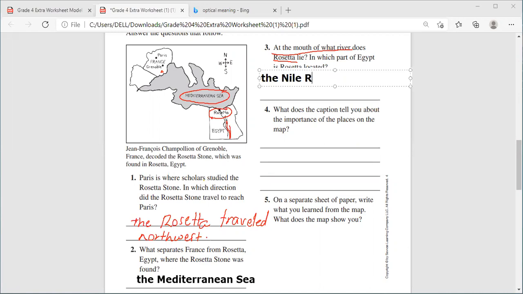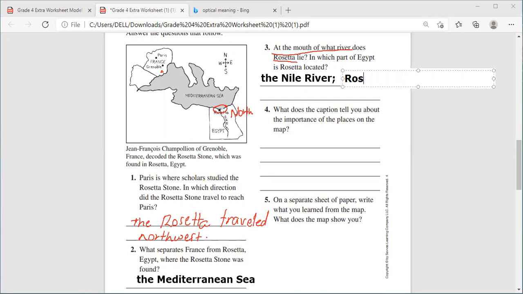Then put a semicolon for the other part of the sentence. The question was also asking in what part of Egypt it was located. Is it in the north, the south, the east, or the west? Let's check where Rosetta is found in Egypt. If we see the map, we will see that it's found in the north part. So I'll come back here and write the answer.